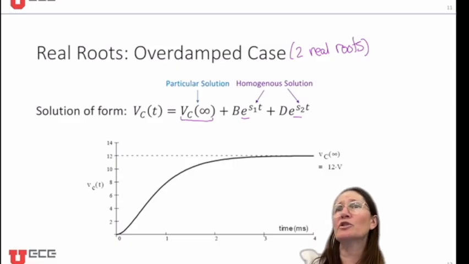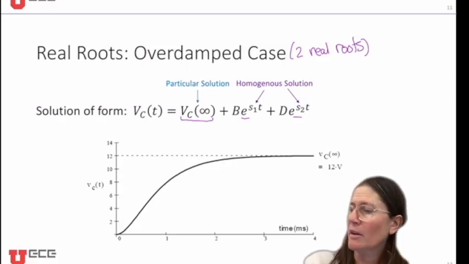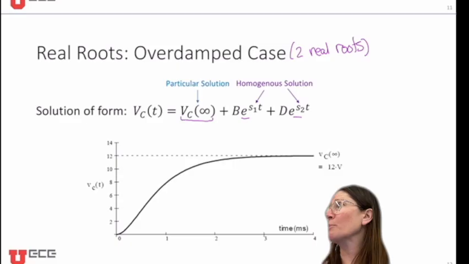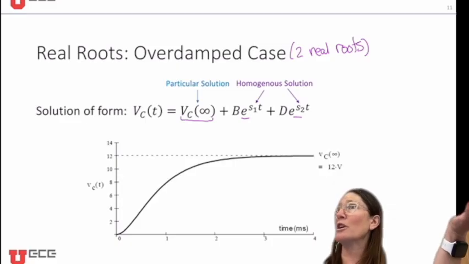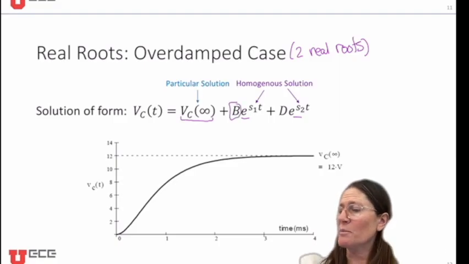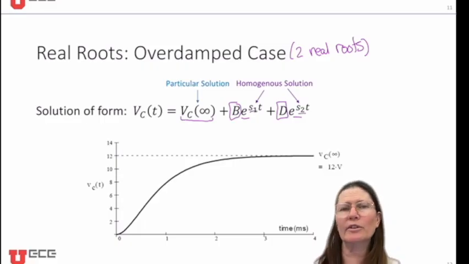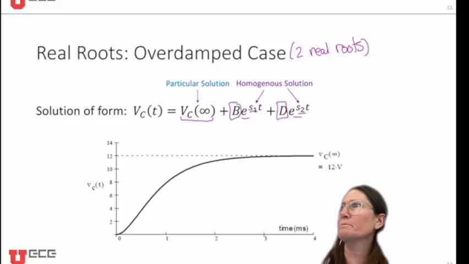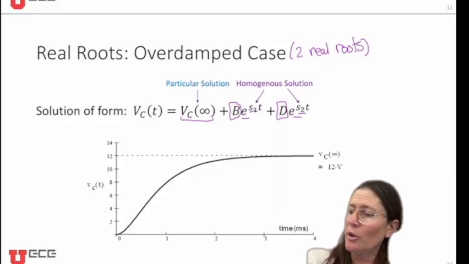If it's the voltage across the capacitor, it's going to be the value at that final time. And that's all you have to do to find that particular solution, which makes it really nice that we draw the circuit in the final time, solve it for just that voltage across the capacitor, and then we know the values. We'll talk for a minute about these values in a second, and then these are your root values, which are going to be the exponential portions of it. So this is going to be a final value.